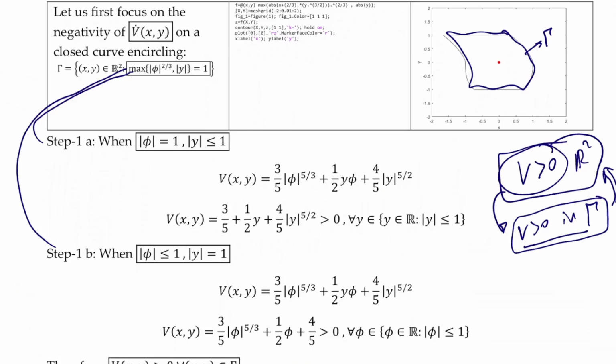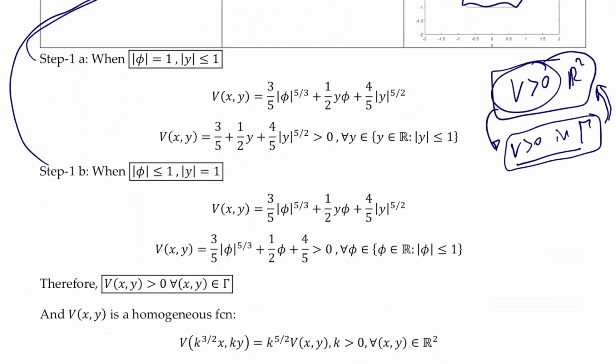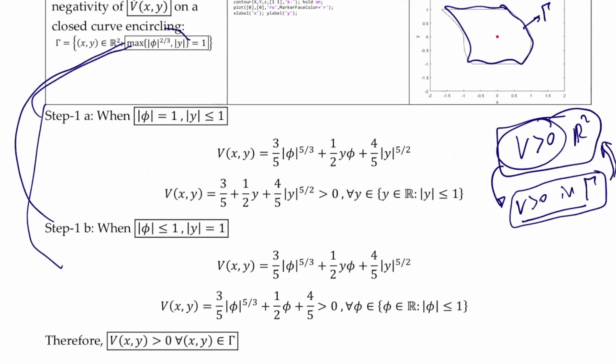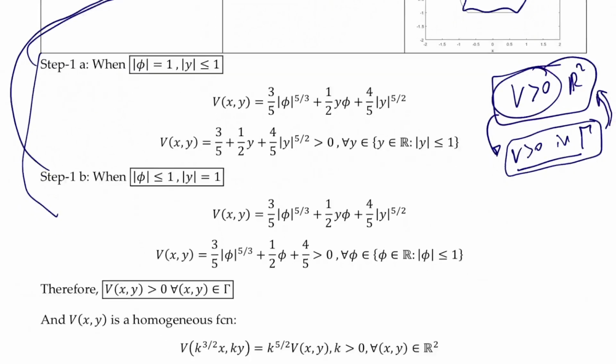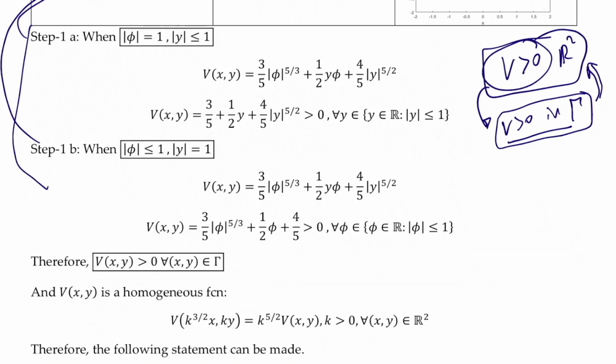And this is another sub case that we should look at. Again, after some manipulations, we see that V is strictly positive. Since these are the two cases that we need to look at, and because of the definition of that set, we can state that V is positive on this set.